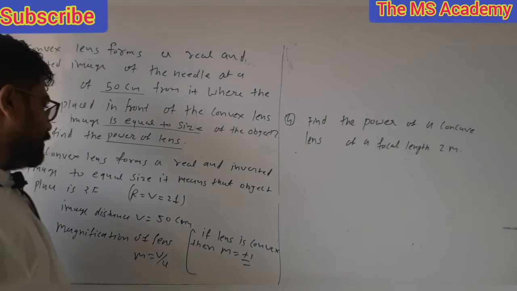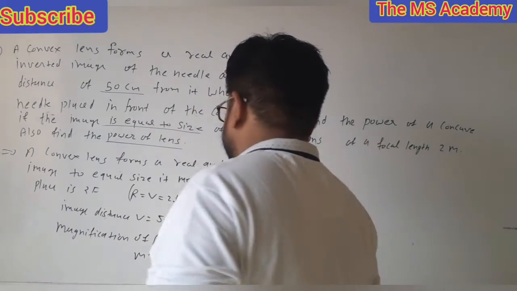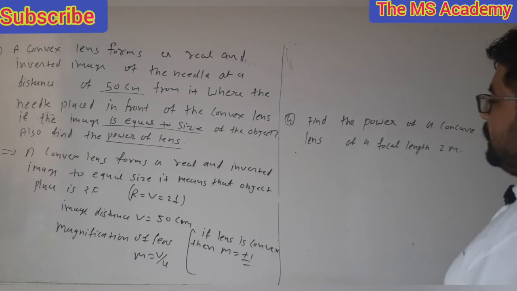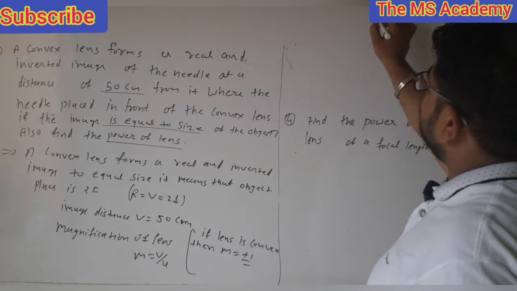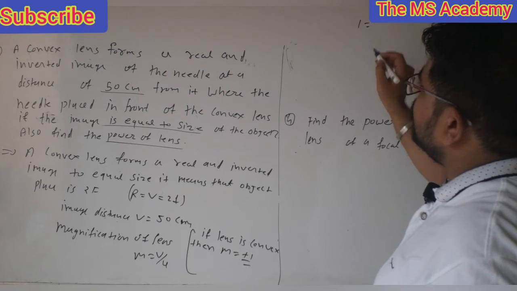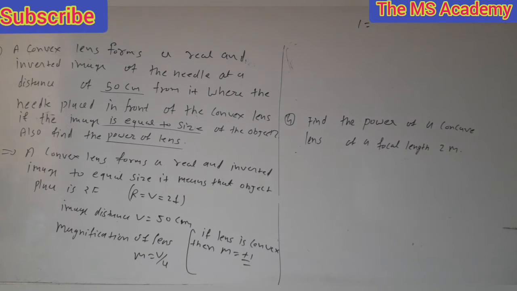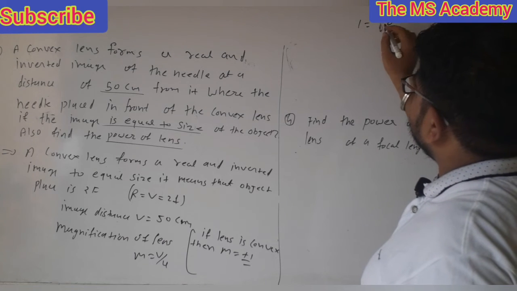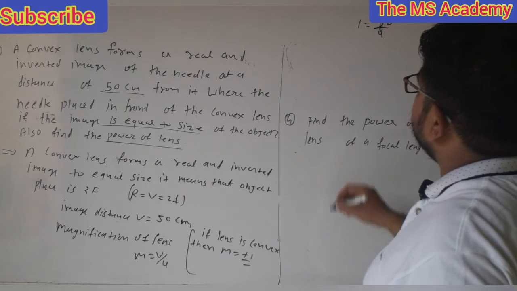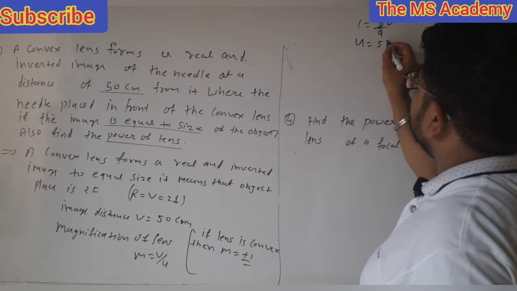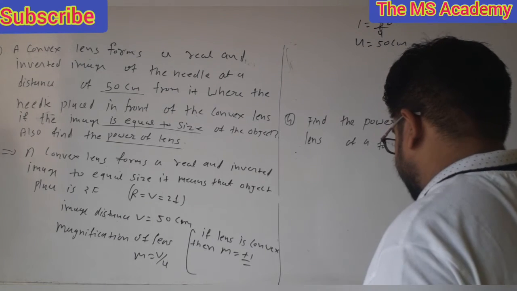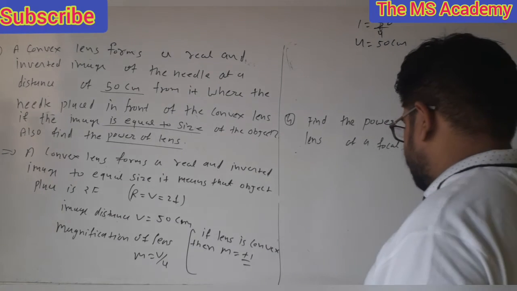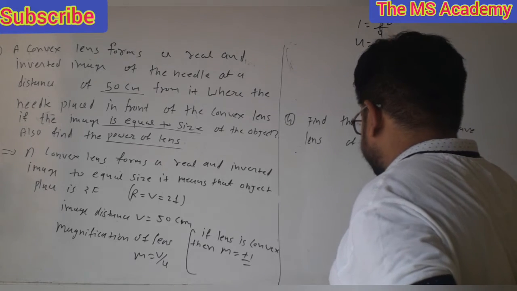So we get v is 50 centimeter, m is equal to 1, v is equal to 50 centimeter upon u, then we get u is equal to also 50 centimeter.